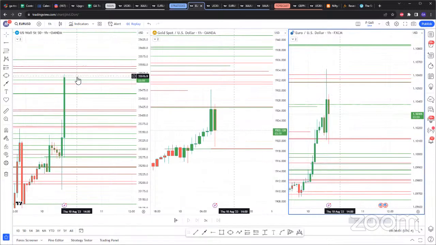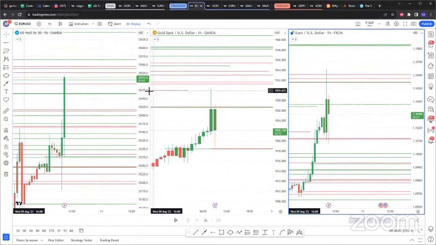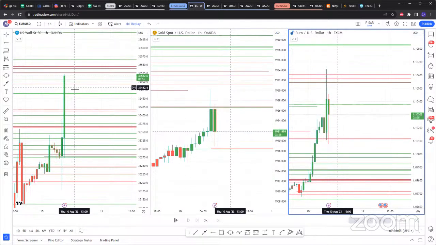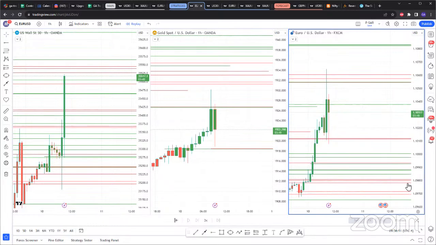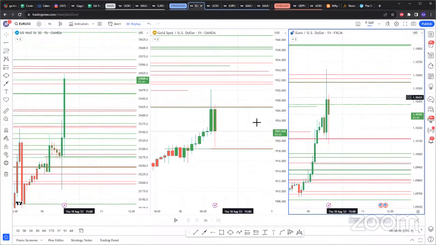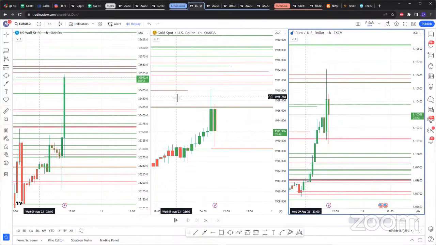Double SAR. So SAR stands for stop and reversal. In the grand scheme of things, you can also think of it as support and resistance. SAR is where price should start rejecting from.